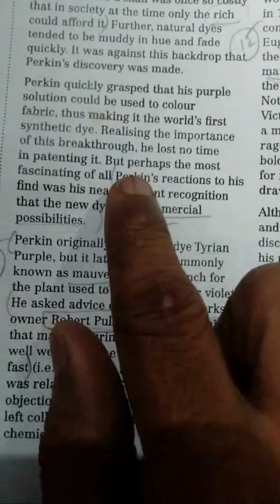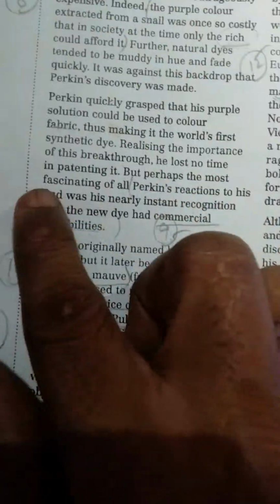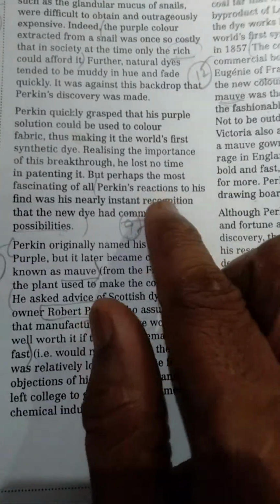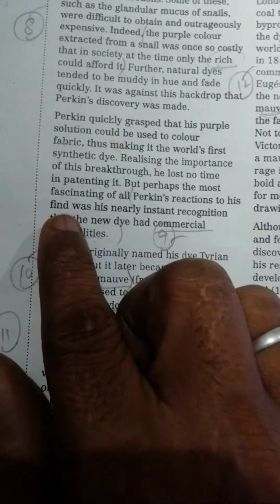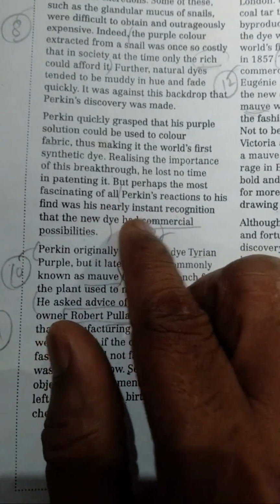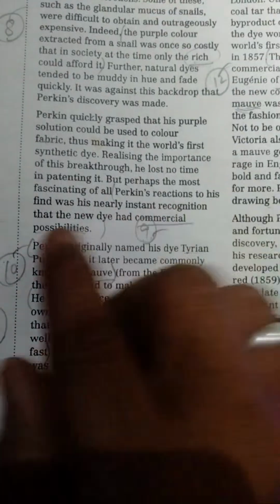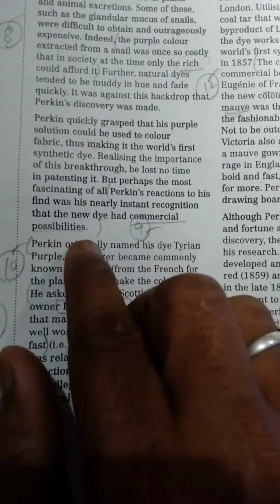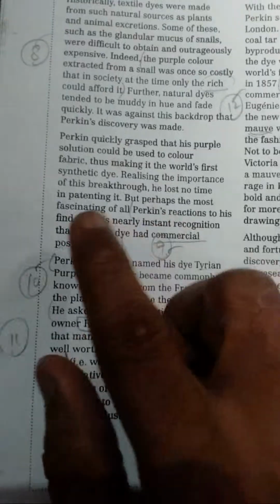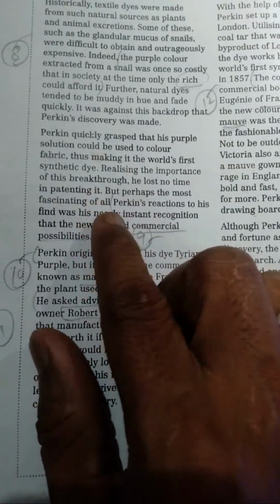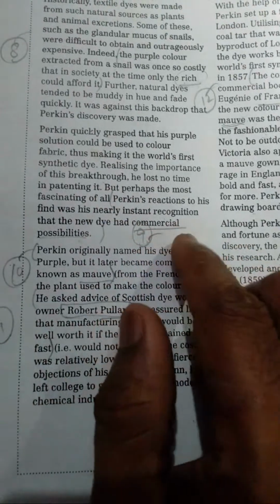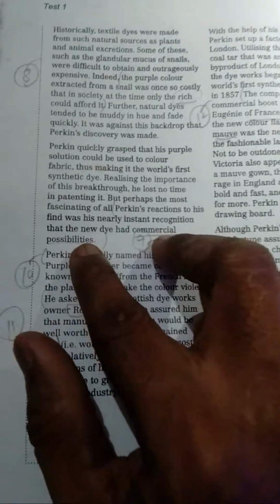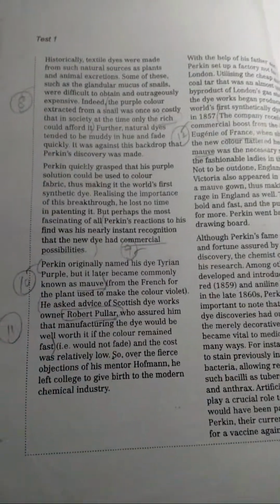See, it is mentioned here. But perhaps the most fascinating of all Perkins' reaction to his find was his nearly instant recognition that the new dye had commercial possibilities. So Perkins came to know the dye which he had invented would be one of the commercial possibilities. So there are 2 words. So the answer will be commercial possibilities. Got it? Let's go to the next question.